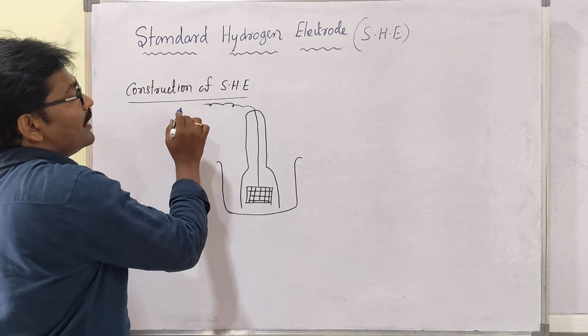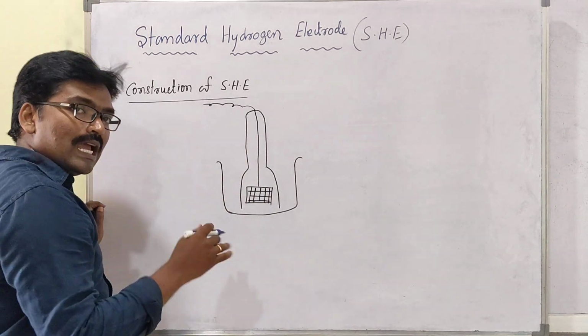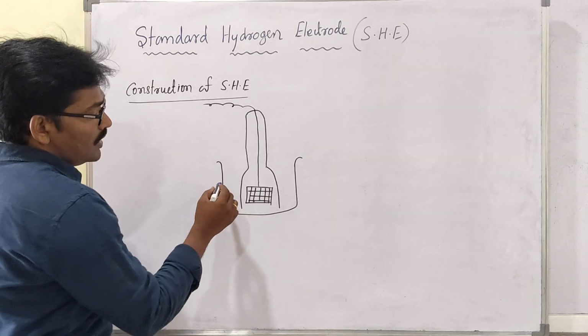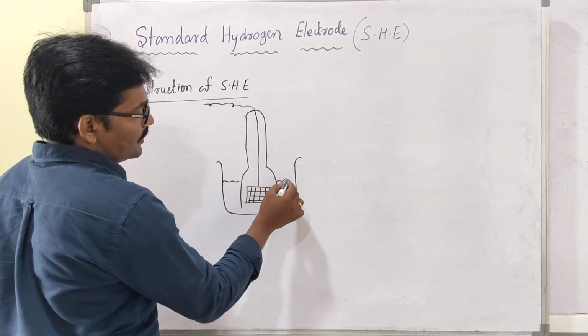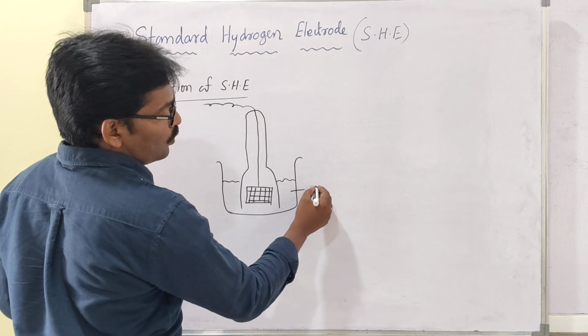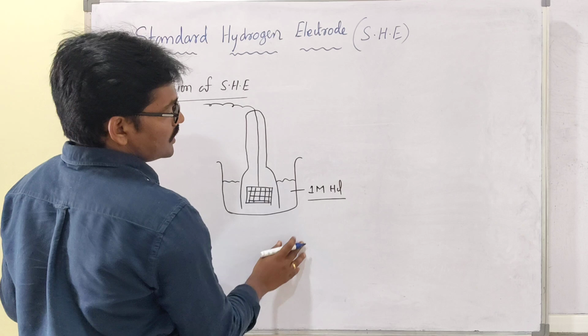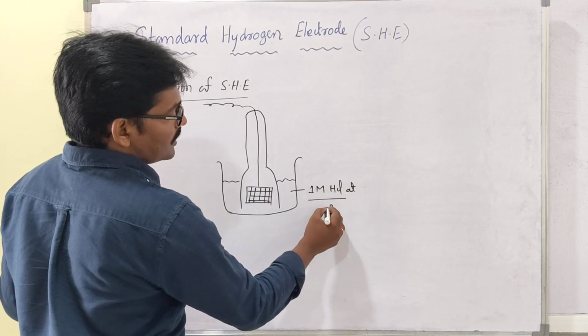This is connected with other electrodes, which may work as anode as well as cathode. Here a 1 molar HCl solution will be present at 25 degrees Celsius.